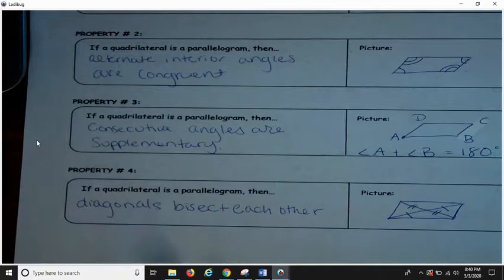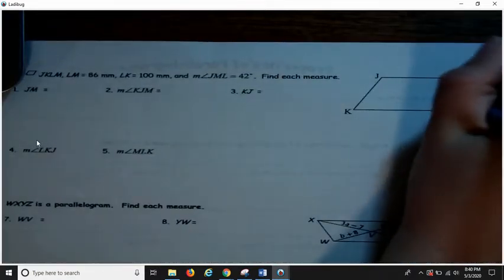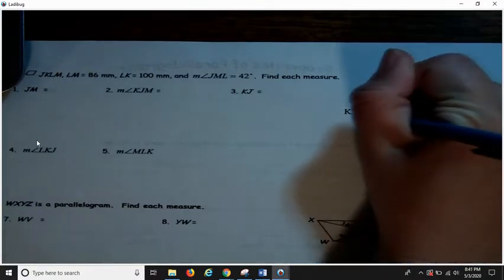Let's move on to the back. All right, it says in parallelogram JKLM, LM is 86. Let's go ahead and draw this stuff in. So 86. LK is 100 millimeters.